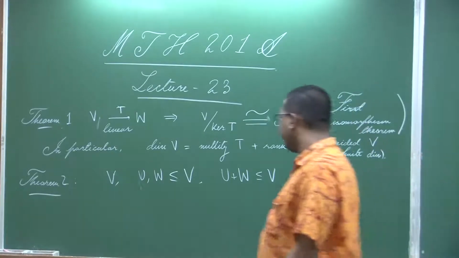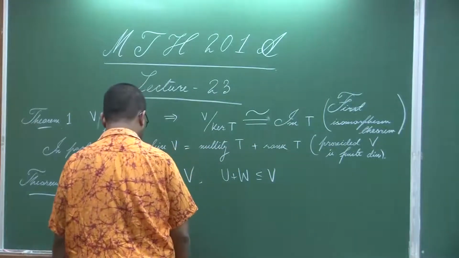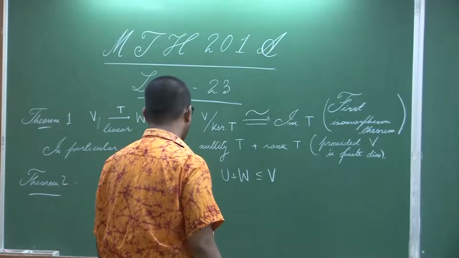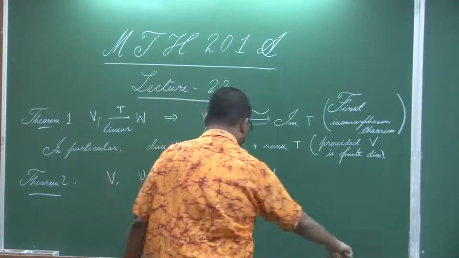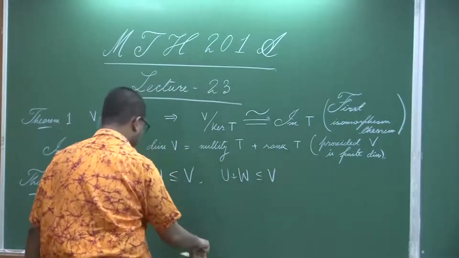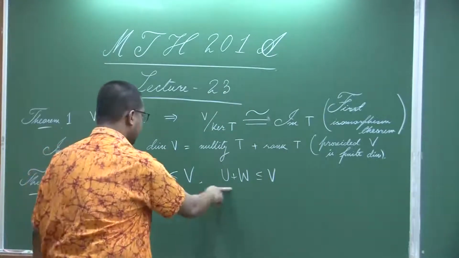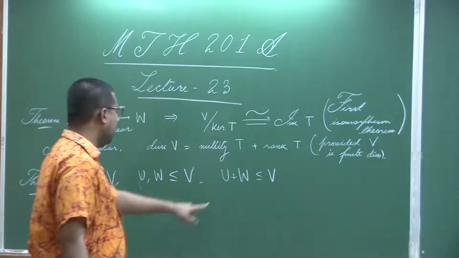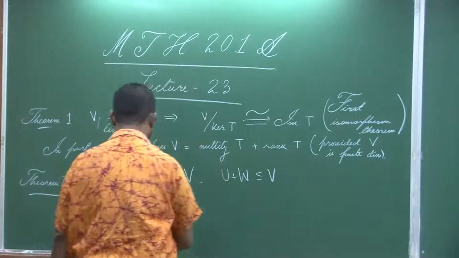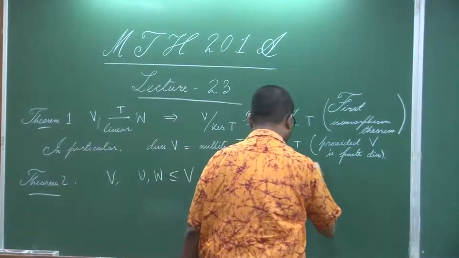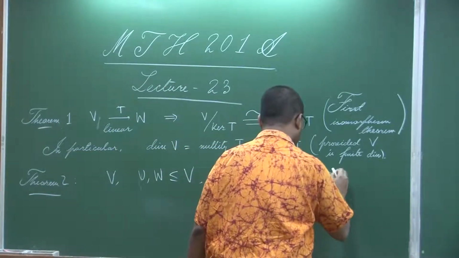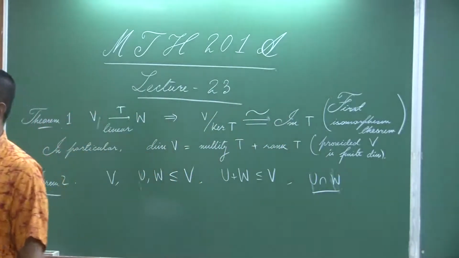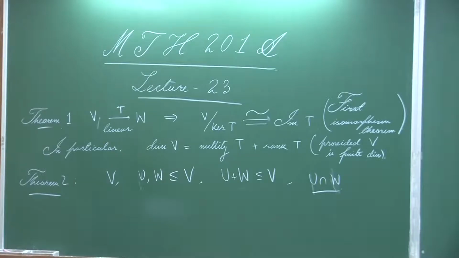Whenever we have two subspaces, and we consider their sum, it is very natural to consider their intersection as well. Because if it is trivial, then the sum becomes direct.